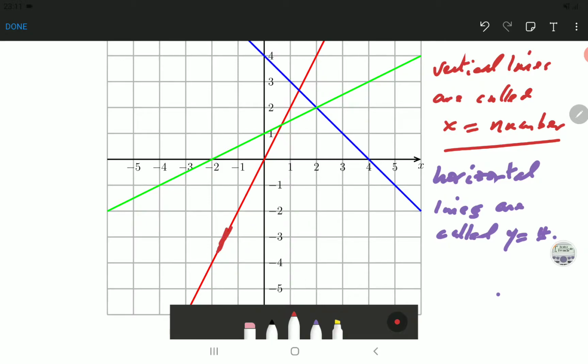So let's label some coordinates. This one is minus 1, minus 2. This one is 1, 2. This one is minus 2, minus 4. This one is 2, 4.